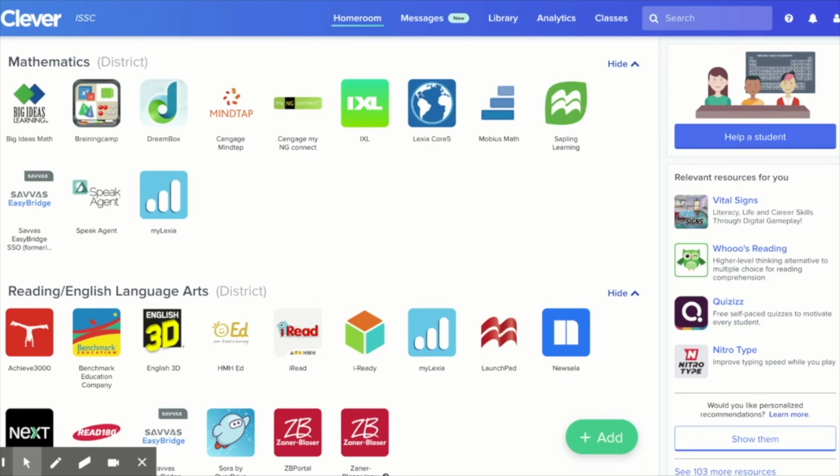One of the main things that students have been using this year in K through 5 for their online resources and tools is Braining Camp. We're going to take a look at Braining Camp just to show you some of the different online tools that your students can use when solving math problems.